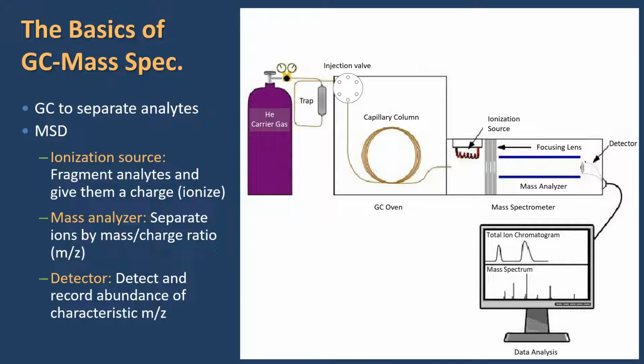For example, if I was looking for methanol, I would tell my quad, let only mass 31 come through the quadrupole and hit the detector. The detector is switched on for X amount of time, and I'm going to gather the number of methanol fragments, or one might say the abundance of the methanol fragments, and feed them towards my data system.